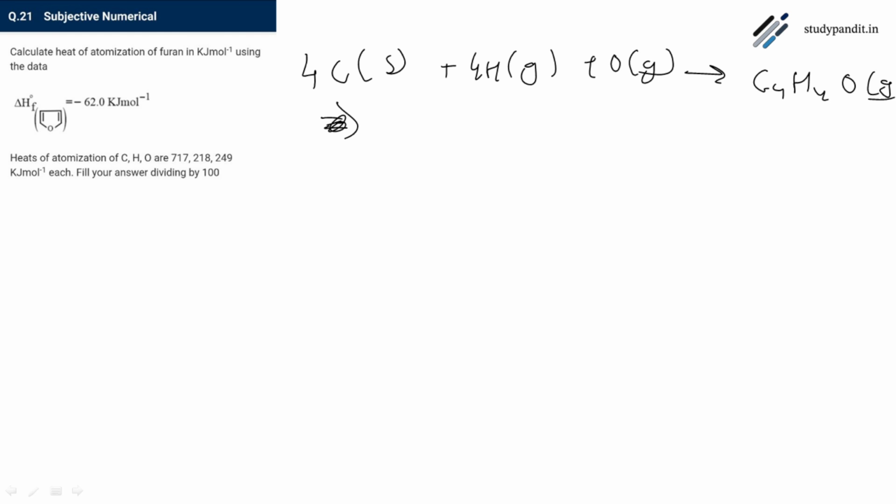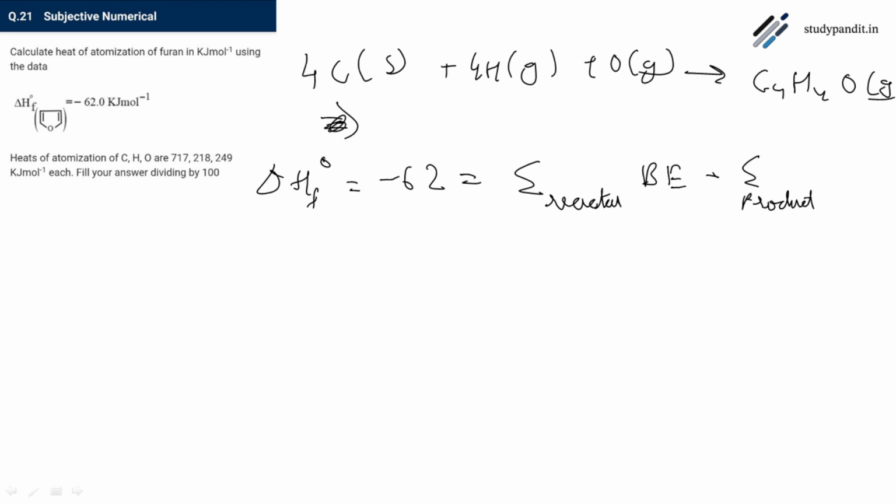Now, delta H naught F is equal to minus 62, which is equal to summation of reactants bonding energy minus summation of product bonding energy.